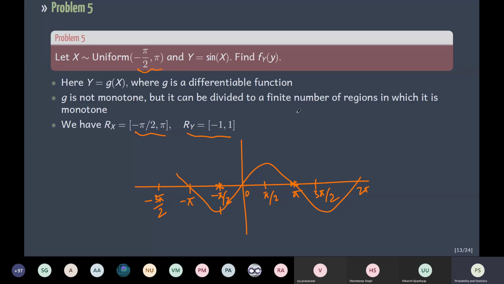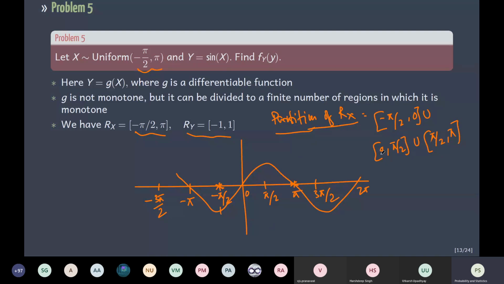So we see the partition of the region, the partition of R_X as follows: minus pi by 2 to 0, okay, so this is our first partition, then 0 to pi by 2, and then pi by 2 to pi.